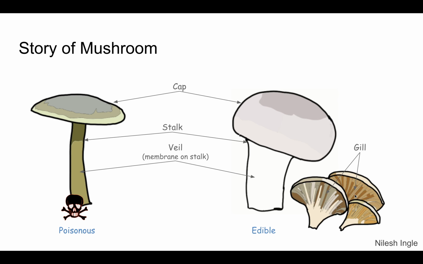If you see some of the mushrooms, they have these serrated fin-like gills underneath the cap, and those are the gills. So using all these features, can we create a machine learning model that can help us classify these two types of mushrooms? We are going to work on that.